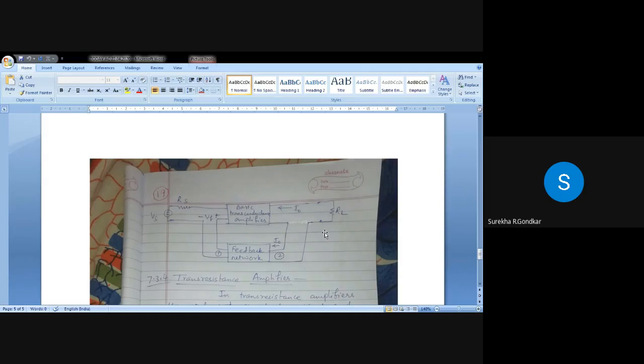Is there any doubt in these topologies whatever I have covered in this class? Hello? No, ma'am. So I will take attendance. All of you write your USN and name in this chat box. All of you please write your USN and name in this chat box. Okay, ma'am. So total 55 are there. I will consider the first 55.